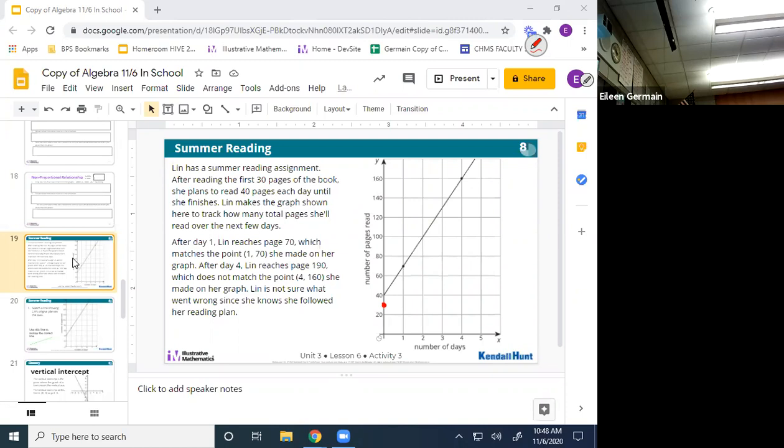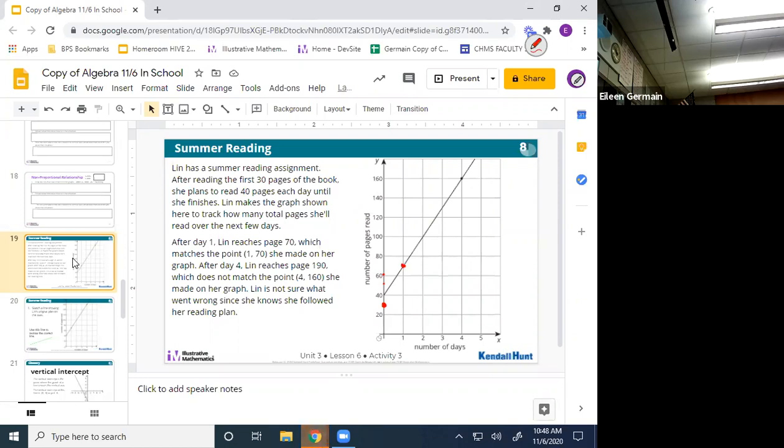And then how many pages does she read each day? Abby? 40 pages. So that means I need to go up how many pages? Up 40. So 10, 20, 30, 40. And I have to go over how many days? 1 day.